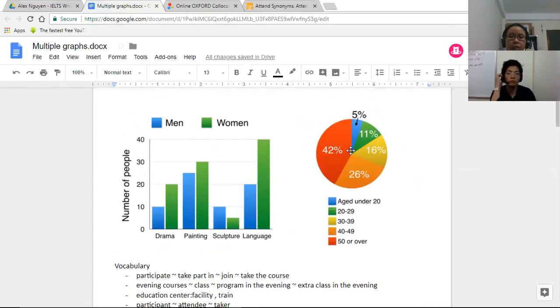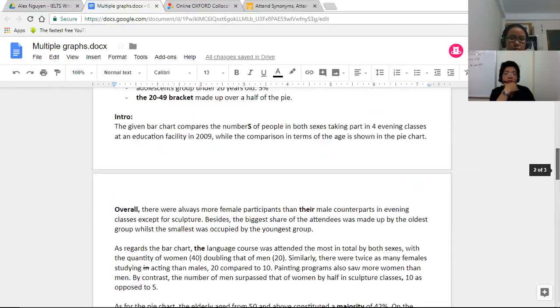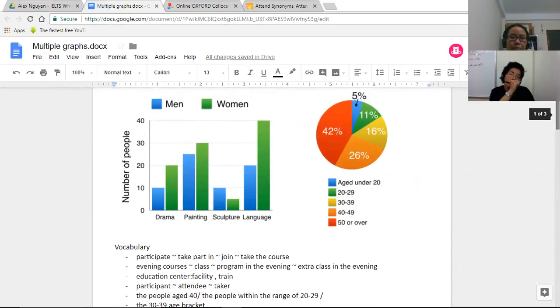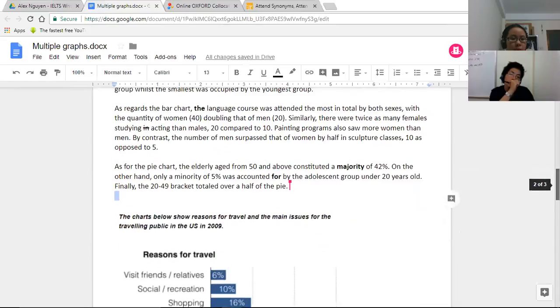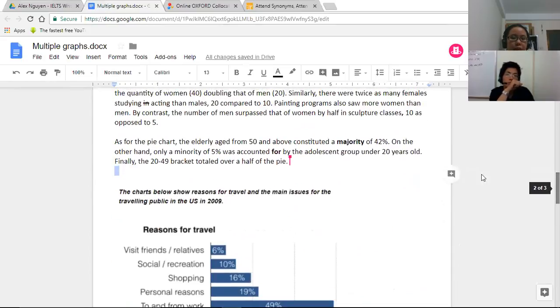Let's look at the information to check if it's correct. Total over half of the pie. It's around 51, I think. Around 53. No, it's only, yeah, total half of the pie. Right? 53? Yes. Over half of the pie. We do not care about the numbers.